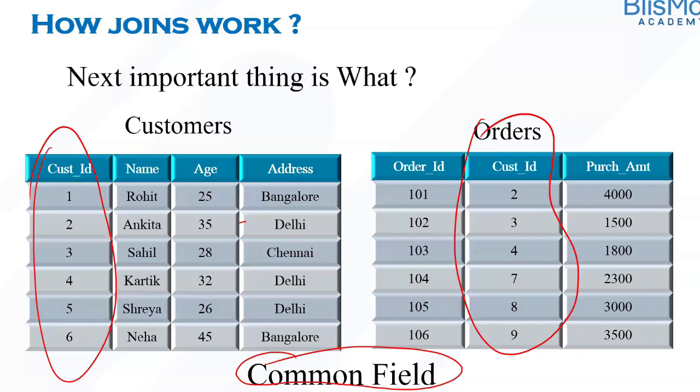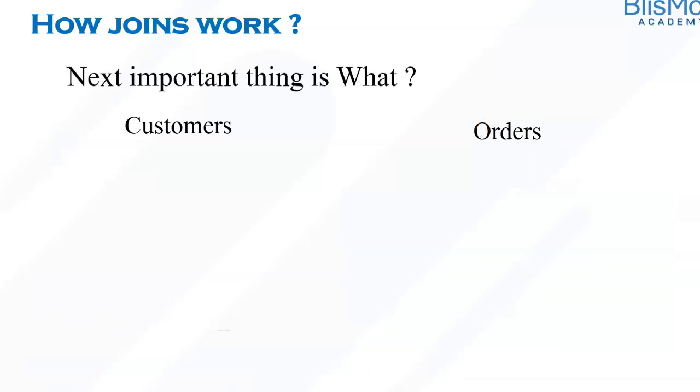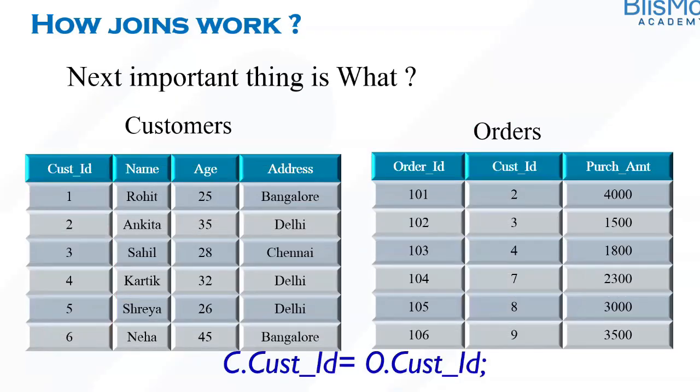Then one more important thing. You guys should try to guess. The last one: what is the one more important thing? Anybody? Okay. One more important thing is you need to have an expression. You would definitely join on the fields, but you need to have an expression.